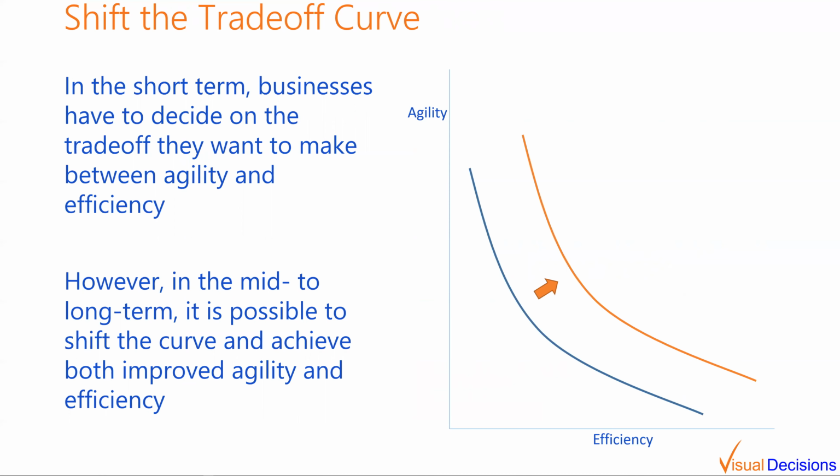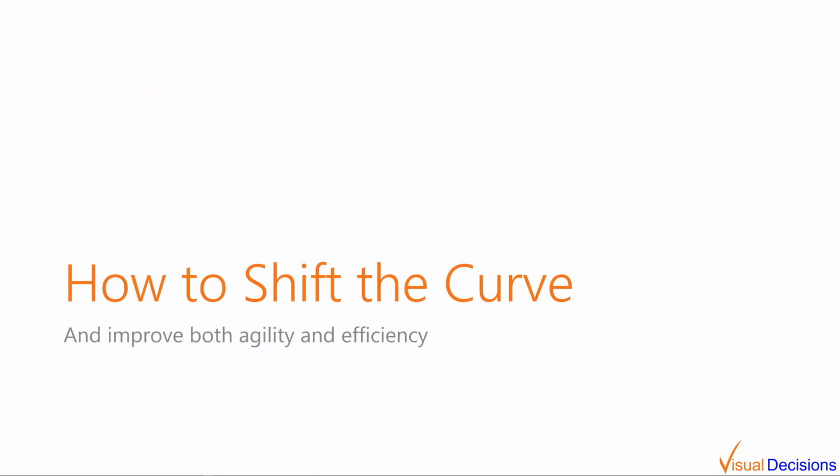And if so, how? That's the topic of conversation for today: how do we actually go about shifting that trade-off?